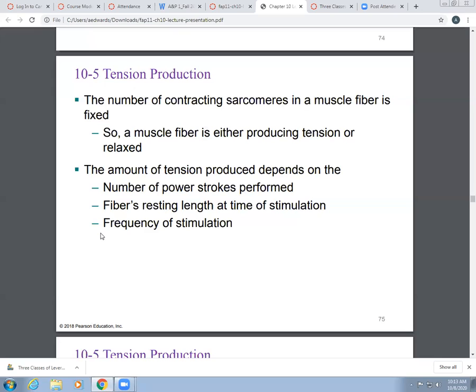But if it was only partially relaxed, it's not necessarily going to move as far. And what's the frequency at which that fiber is being stimulated? If you get stimulation not very often, you get not much tension, but if you get a lot of stimulation, you get more tension.